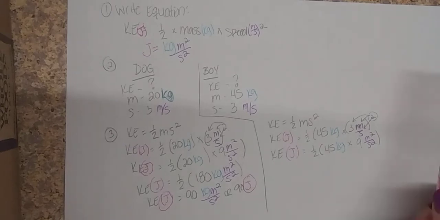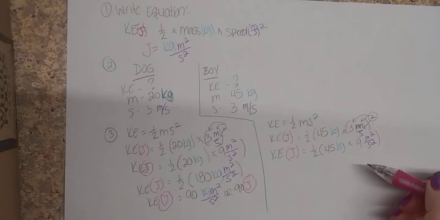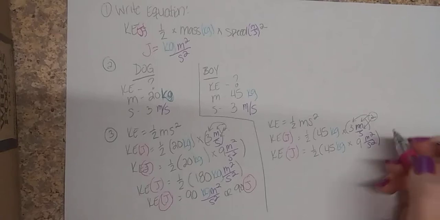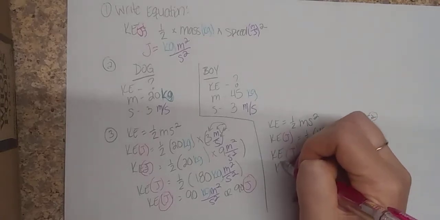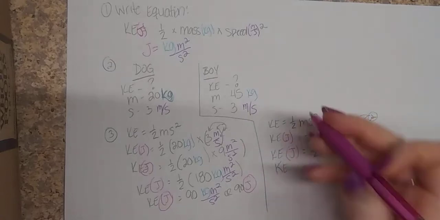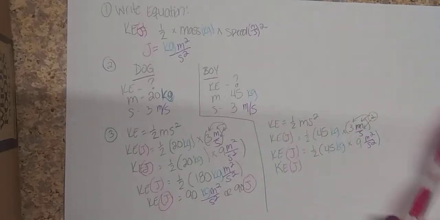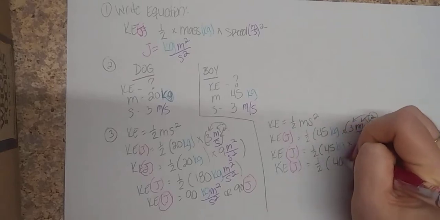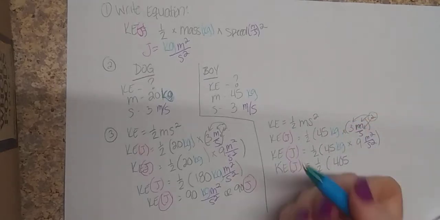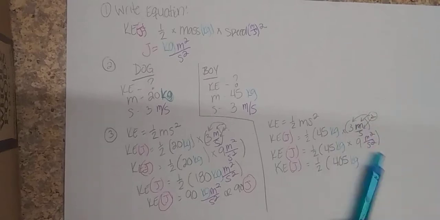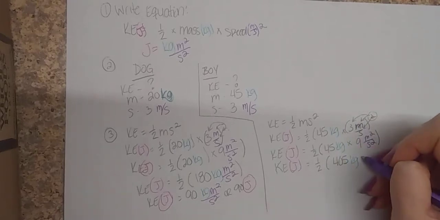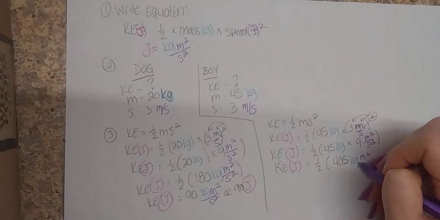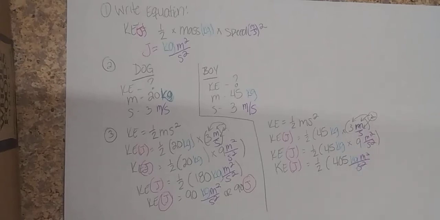Okay. So now, according to the order of operations, we're going to do the inside. So we have, again, kinetic energy, in joules, equal to 1/2 405 kilograms meters squared per second squared.